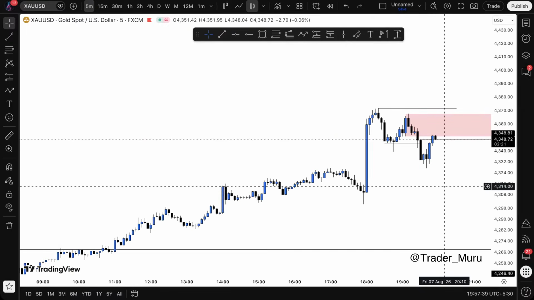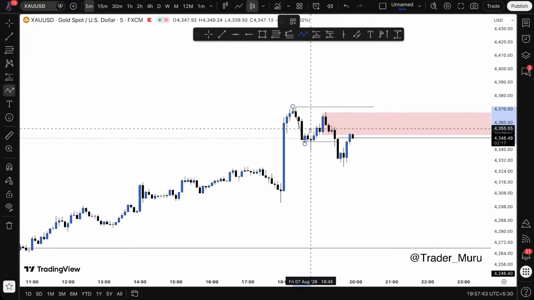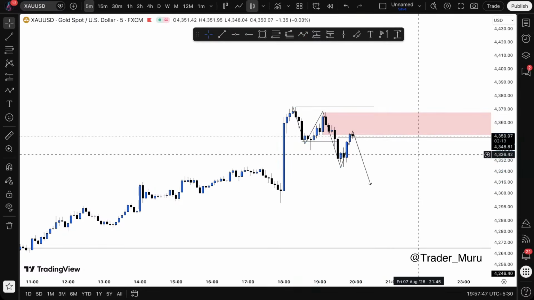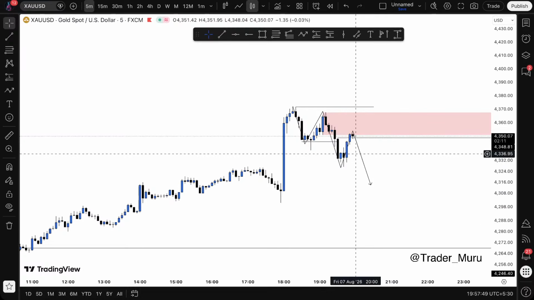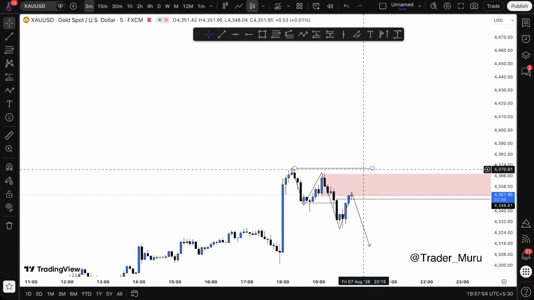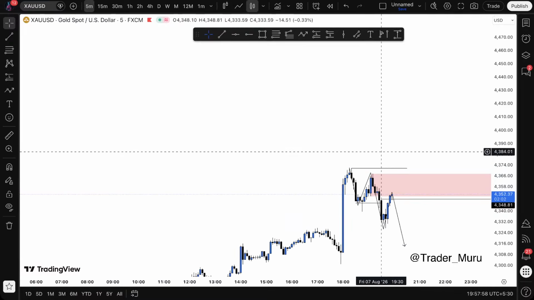Now the 5 minute internal structure is bearish. So we are expecting the market to continue this, to break this low. If it is breaking above this high, that means it wants to sweep this high and test 4381.